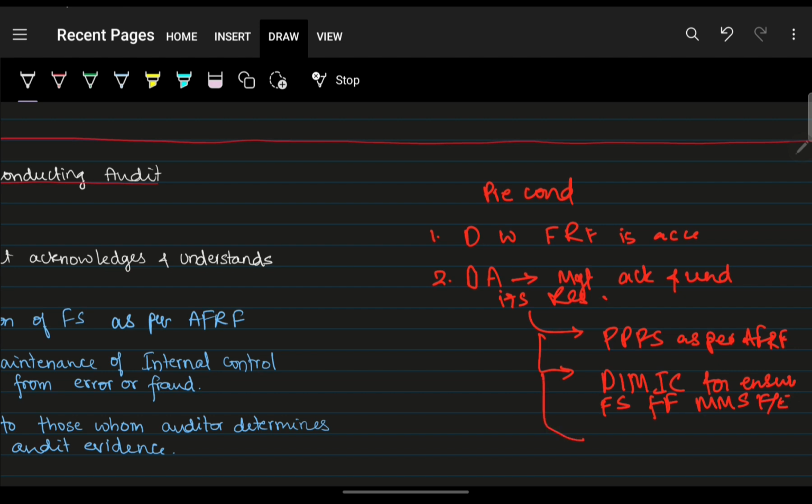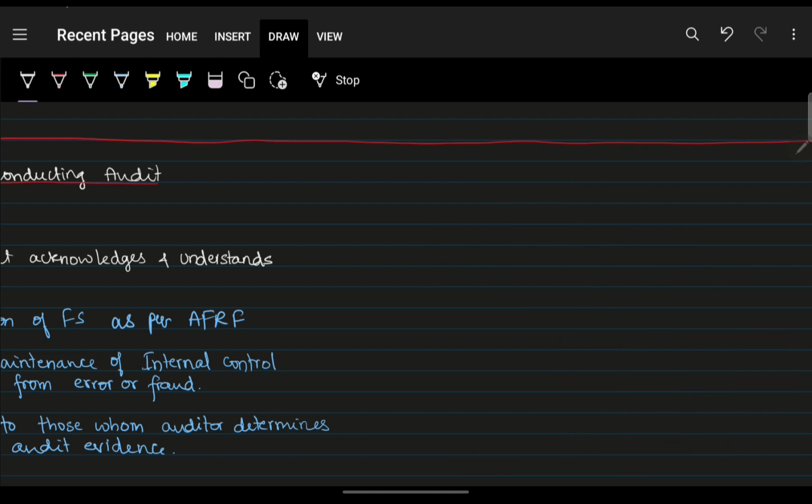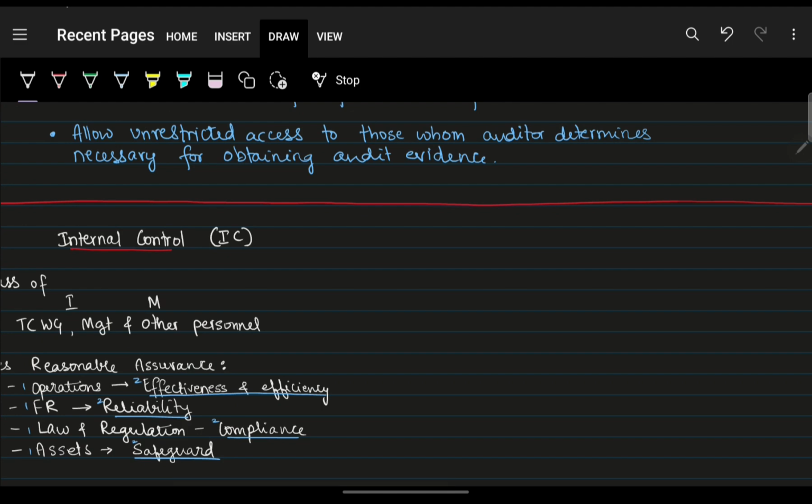And lastly, provide all information relevant to the audit, or all information related to financial statements, any other information the auditor requires, any additional information, and lastly, unrestricted access to any person that the auditor deems necessary to obtain sufficient and appropriate evidence from.